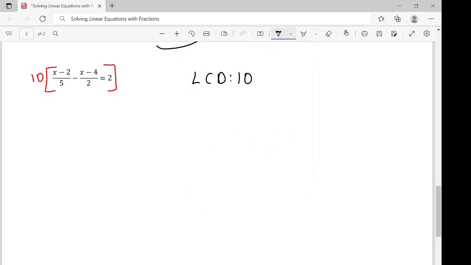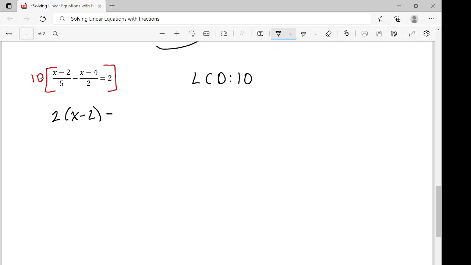So when I do that, this 5 is going to go into 10 2 times, and so I'm going to have a 2 and an x minus 2, because this 5 is gone, so I don't have to worry about it anymore. Do it again for the 2 here.